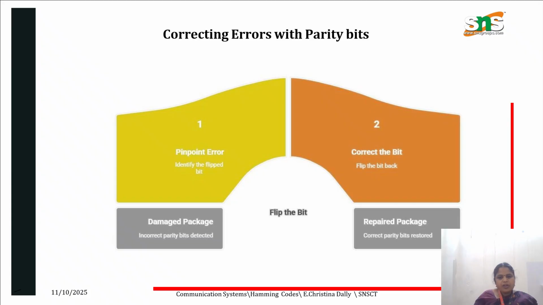So how do we correct the errors with the parity bits? We pinpoint the error. The first thing is to identify the bit, and the next step is to correct the bit. If there is a damaged packet with incorrect parity, the error is detected, and there will be a repaired packet, where the correct parity bits are restored.